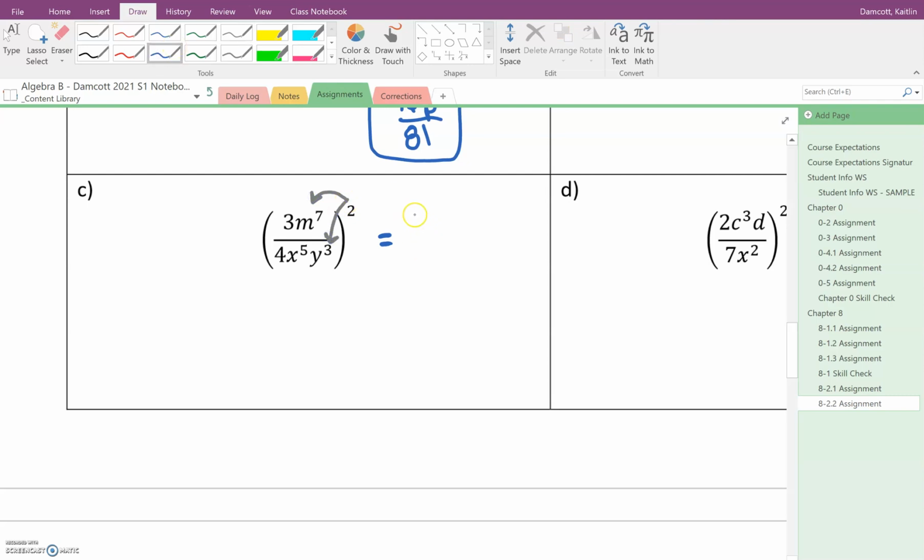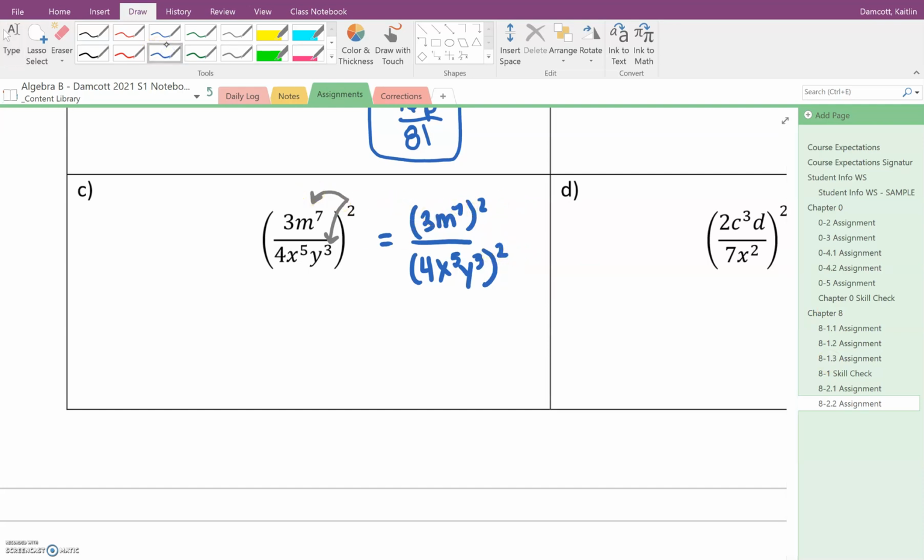So what that looks like is we're going to have the 3m to the 7th squared, and then on the bottom, we're going to have 4x to the 5th, y to the 3rd, and we need to raise all that to the 2nd. So that's just showing we're distributing our exponent to the top and the bottom.